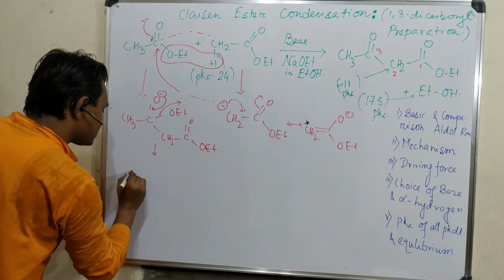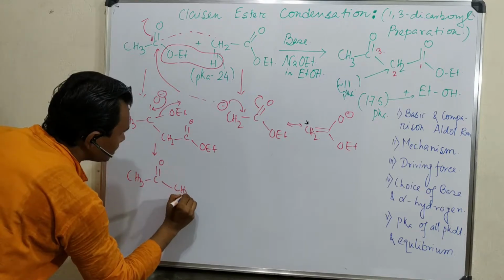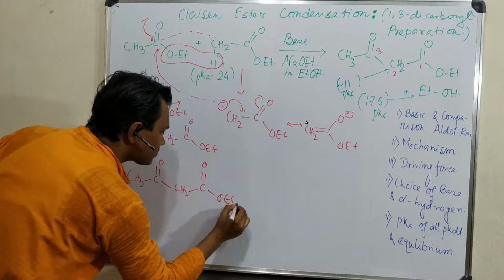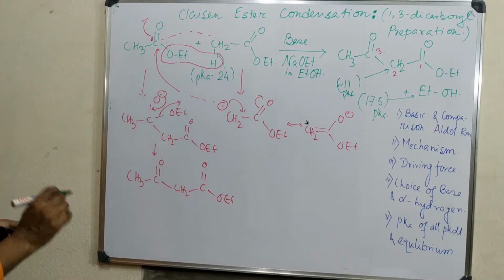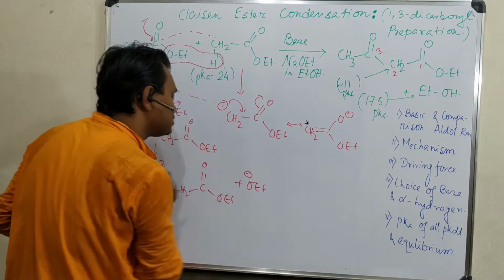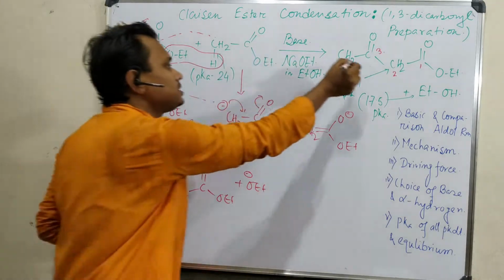So what is produced here? CH3COCH2COOEt, and OEt minus. So we have observed how this is produced.